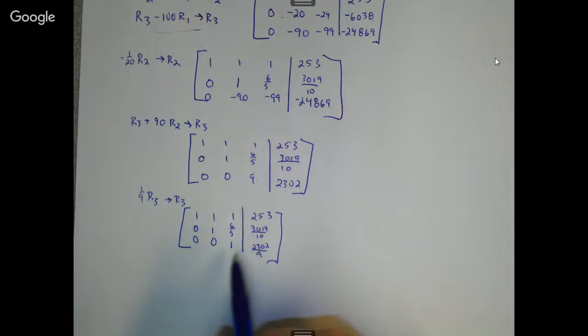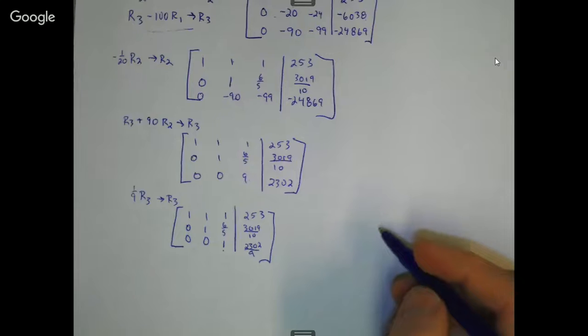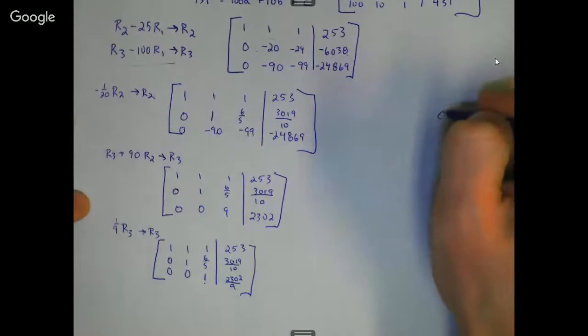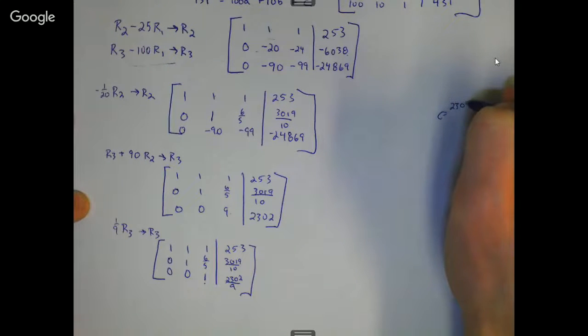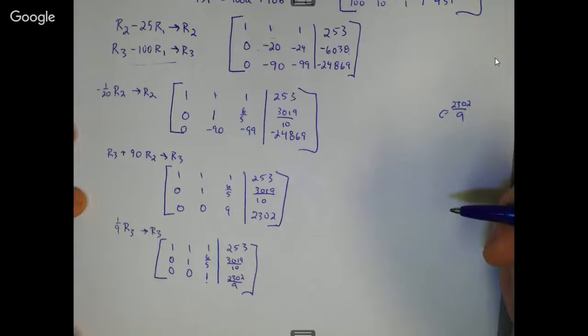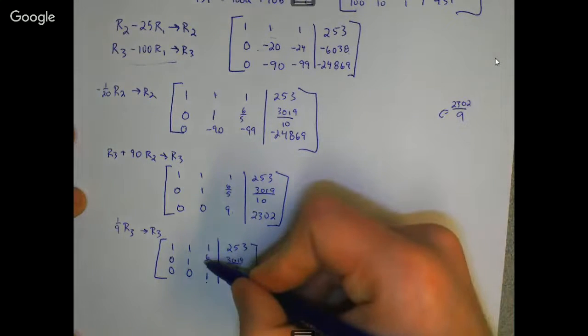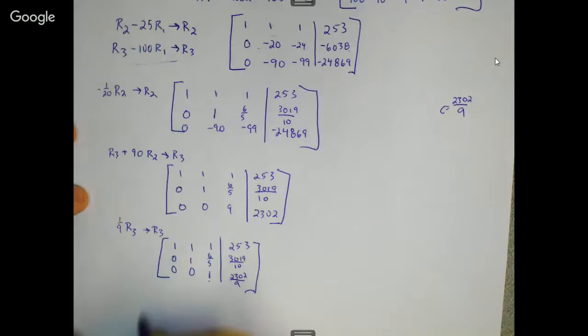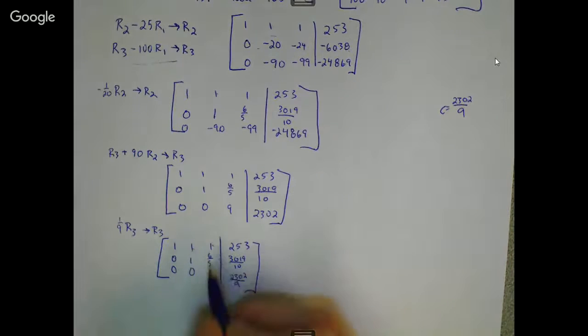Okay, so that's actually what C is. So we might note over here that C is 2302 over 9. I got that one. Okay, so this one needs to be a 0. So we're going to use this row, and this one all need to be zeros.